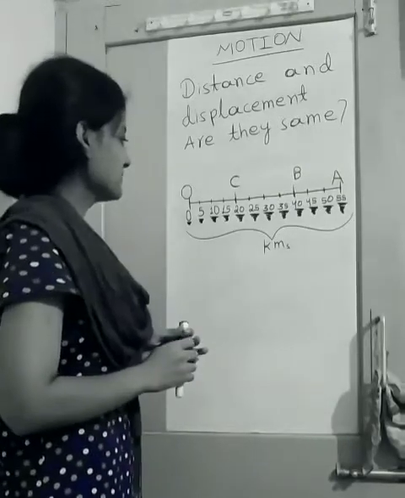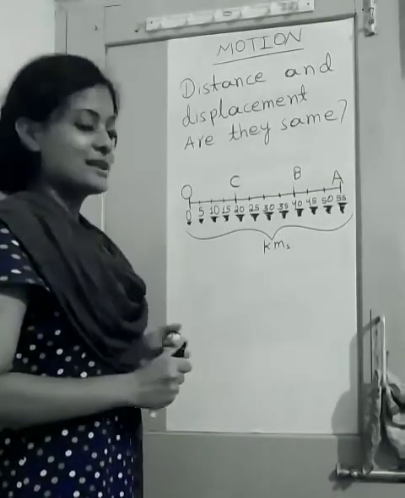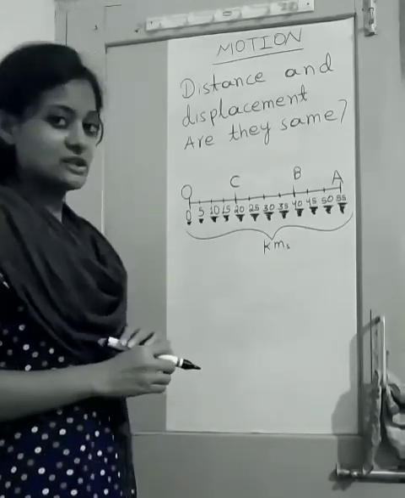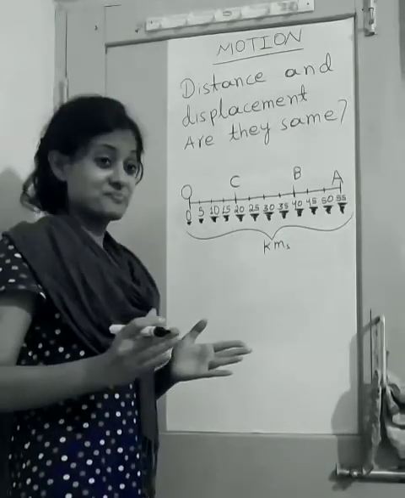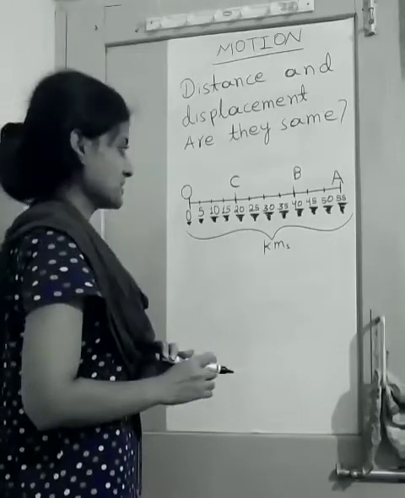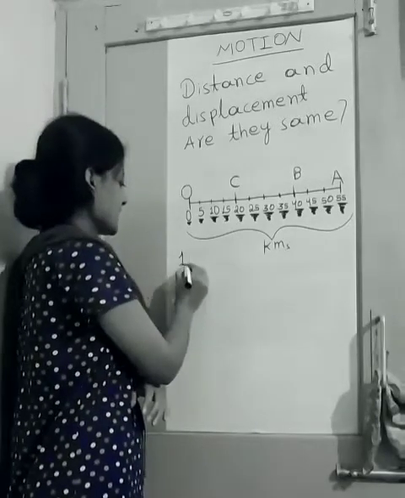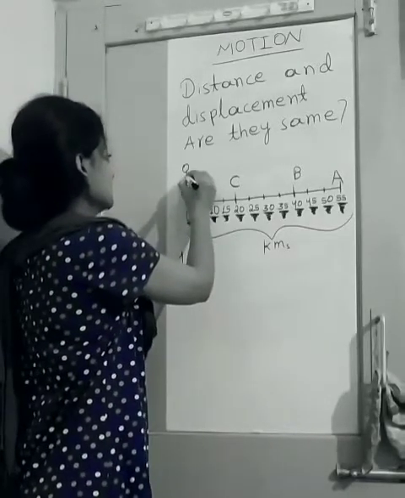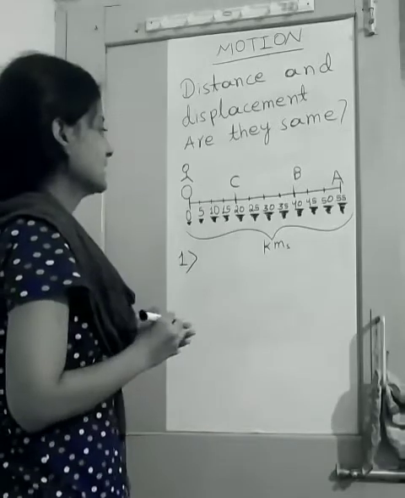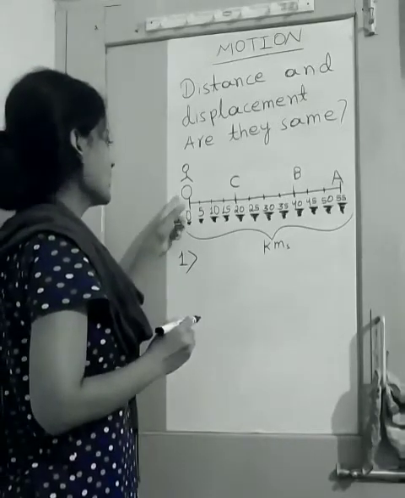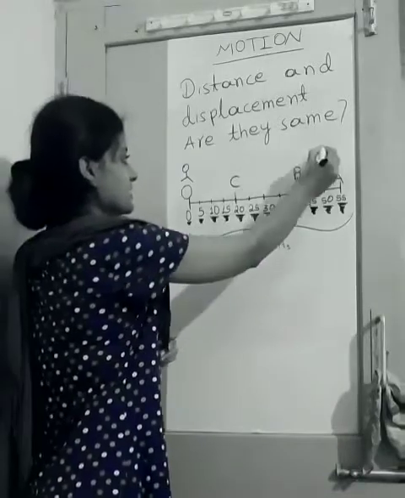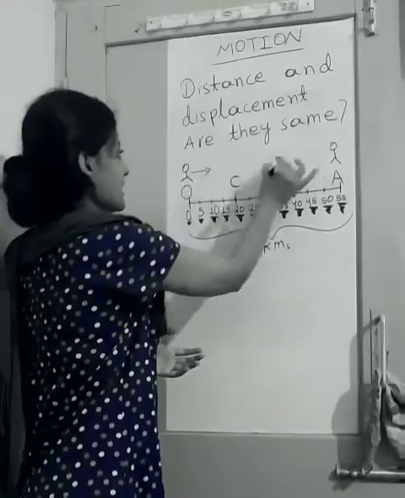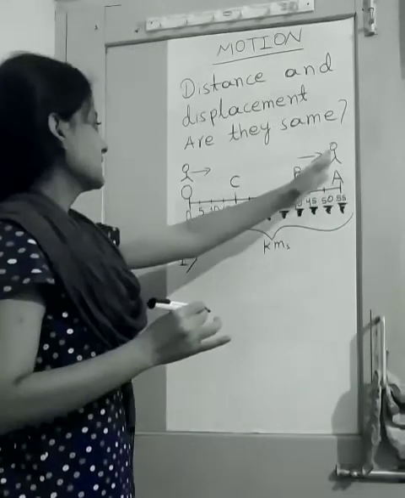Clear? So first of all, let's take a very simple case so that you can understand what is distance and what is displacement. Okay? First case: suppose the object is here, and he is running from O to A. He reached A, so from O to A he has covered a certain distance.